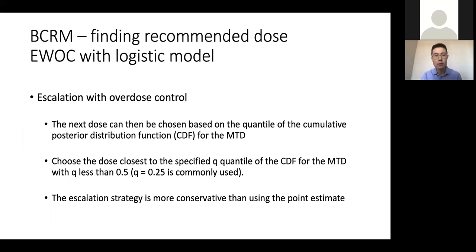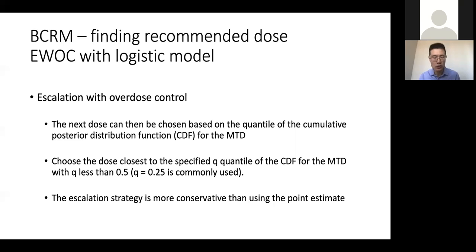And the other important feature of the BCRM is that we can do escalation with overdose control. In previous slides, we recommended the MTD using the posterior mean. But if we want to be more conservative, we can use the lower quantile of the MTD.